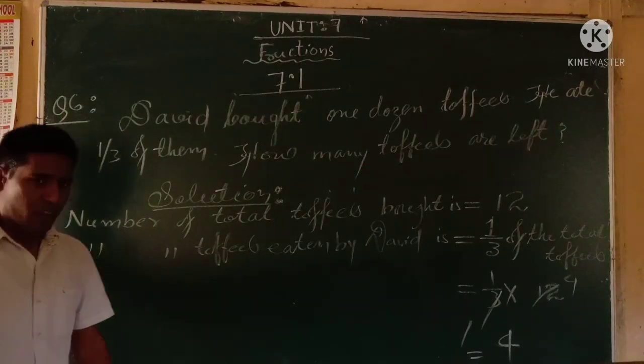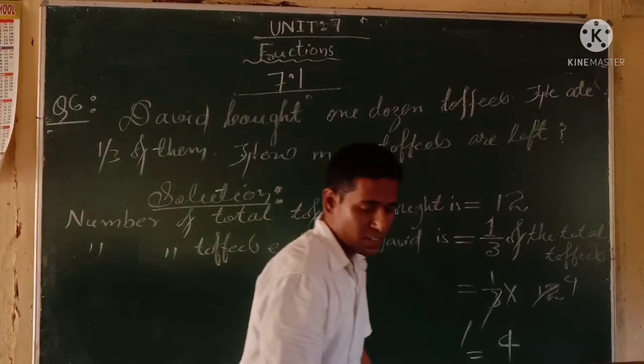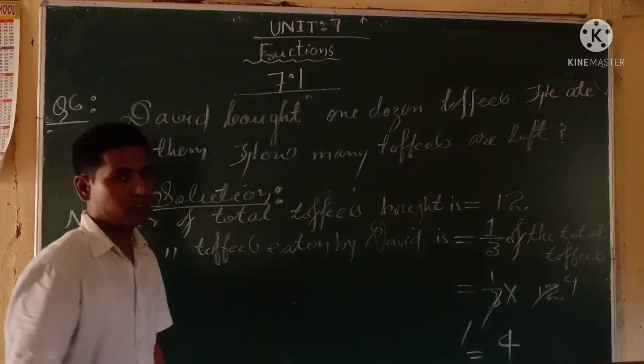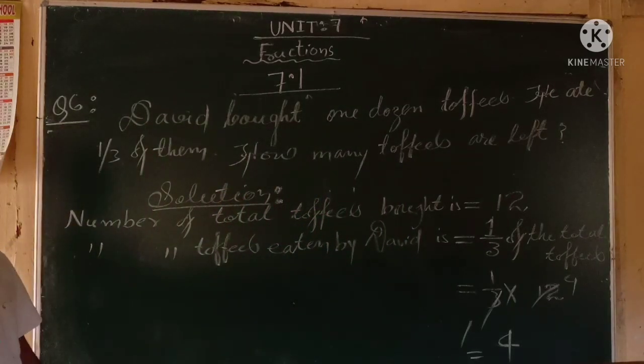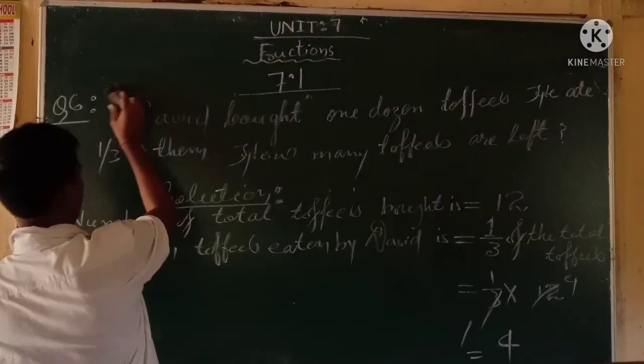Okay. Now after getting the number of toffees eaten by David, the rest of the part is very easy. Finding the number of toffees left out will be very easy. So let us solve it.